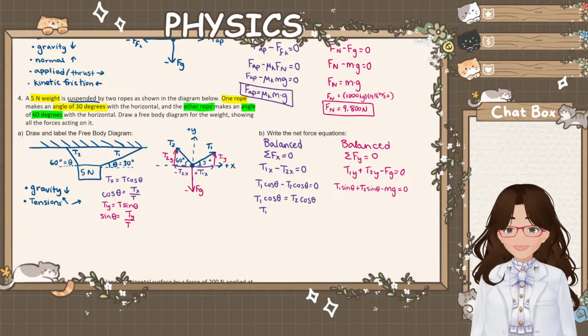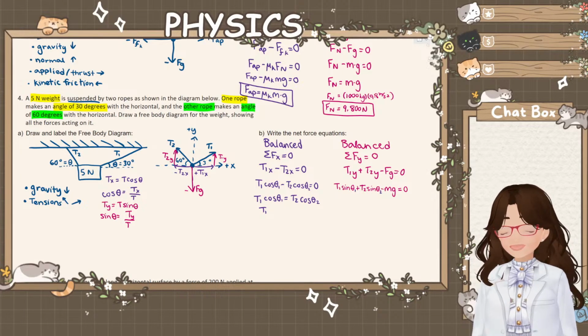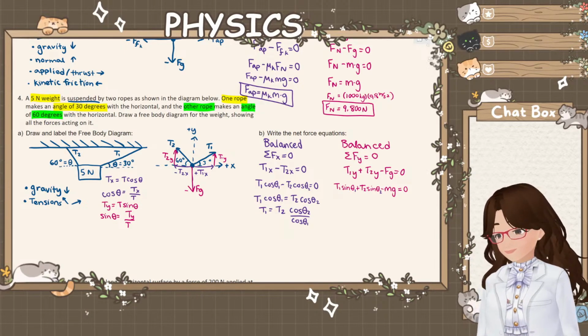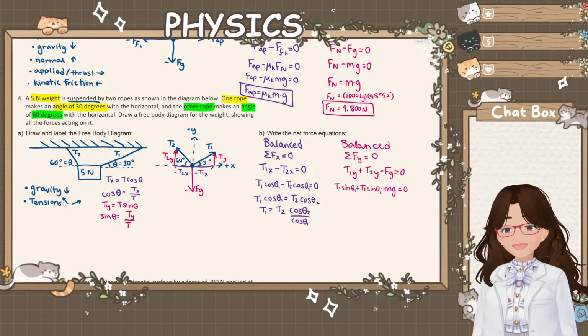Maybe I should call them theta 1 and theta 2. What do you think? Sometimes I'll use a different notation. Okay, so this would be equal to T2 cosine theta 2 divided by cosine theta 1, where one of those is 30 degrees and one of them is 60 degrees.